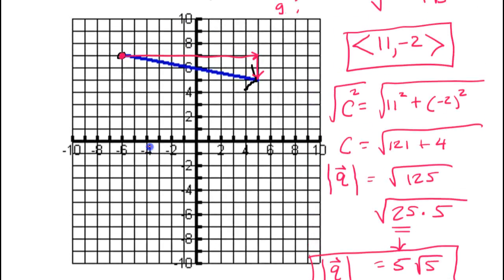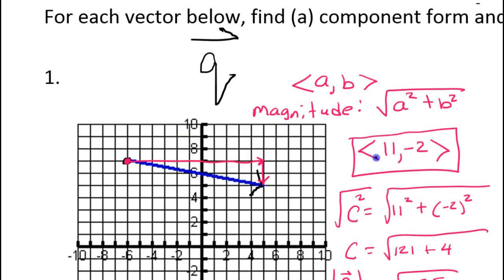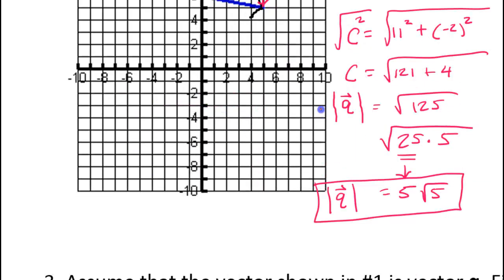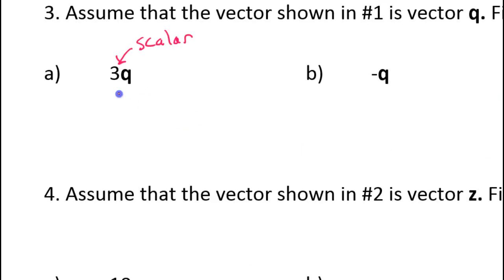The vector was 11 comma negative 2. So this is 3 times 11 comma negative 2. You can just multiply each of the components by 3. So we're going to have 33 comma negative 6.